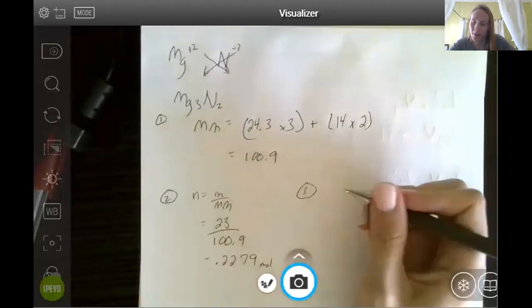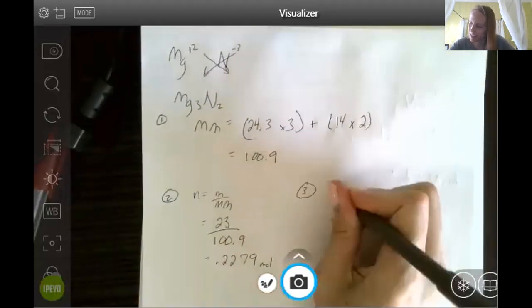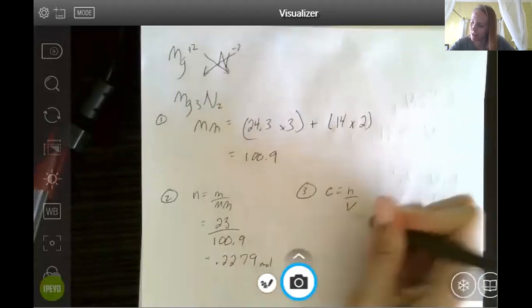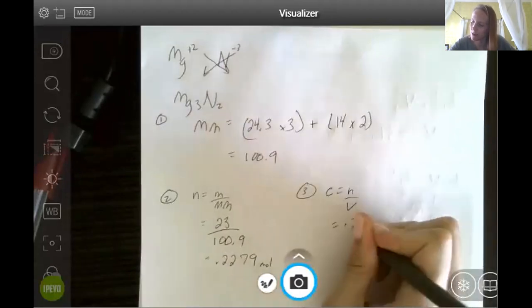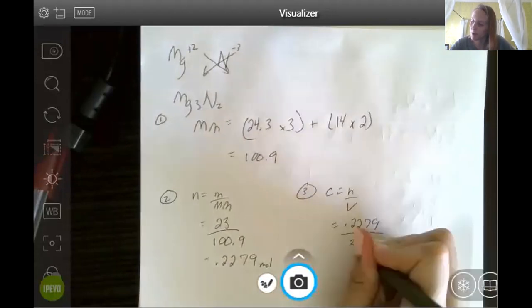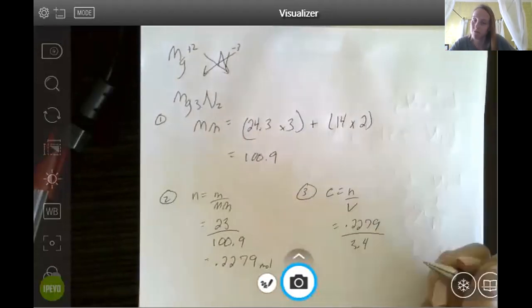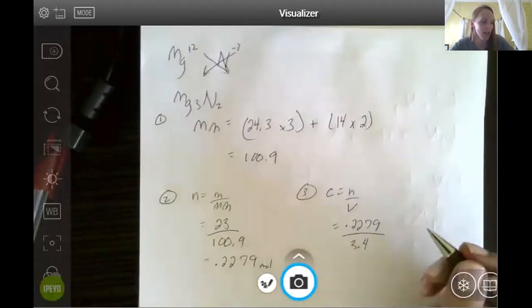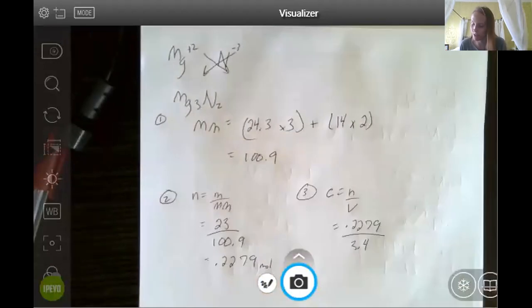Then I'm going to figure out the concentration using C equals N over V. So N is my moles, 22.79. And we're told that the volume is 3.4 liters. Your V does have to be in liters, so if it was in milliliters or something, you would have to convert that. But for now, I'll just divide.